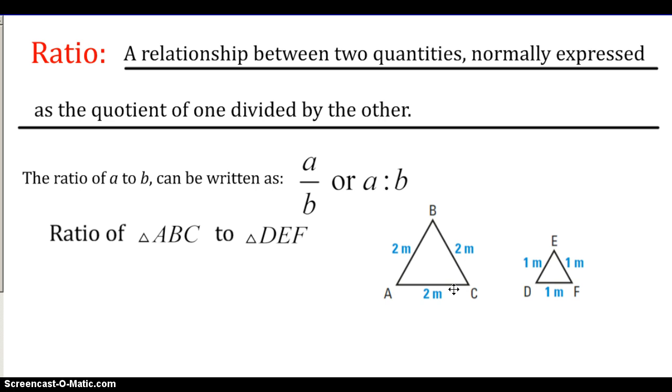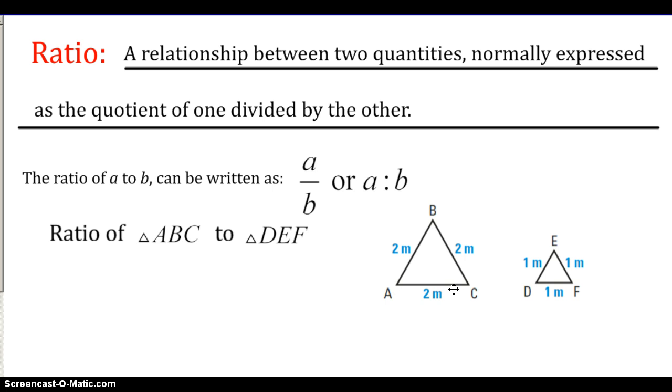Even though it's a 2 and DEF is a 1, and a lot of times when we write fractions we don't put a 1 in the denominator, you have to do it when you're writing a ratio. If you are comparing something, for every 2, I have 1. Whether it's money, meters, or centimeters, for every 2 meters, it's 1 meter.